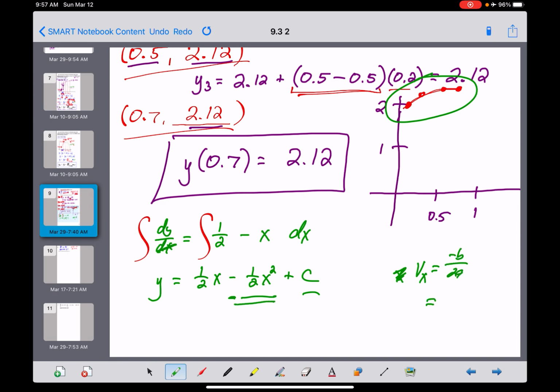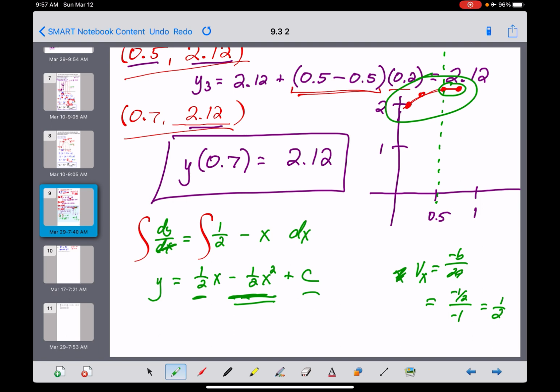Here b is 1/2, so negative b would be negative 1/2, over 2 times a. 2 times a negative 1/2 is negative 1, so the x-coordinate of my vertex is 1/2. Does that look like it could be the axis of symmetry of your downward opening parabola? Not exactly because of this horizontal component, but remember, this is just an approximation. It looks like that could be pretty close.